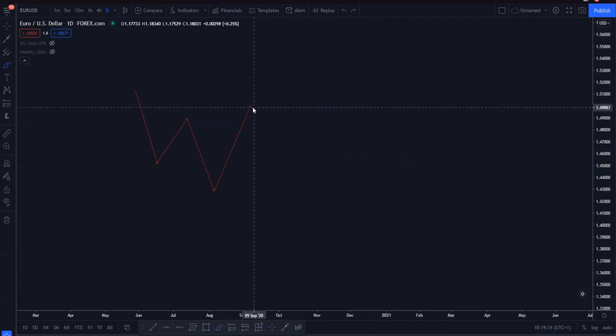So as we get a close past this high here, what we're looking for now is a retracement of price action, and this retracement can be to intraday levels, it could be to supply and demand zones. There's really a lot of options where price likes to come back to.